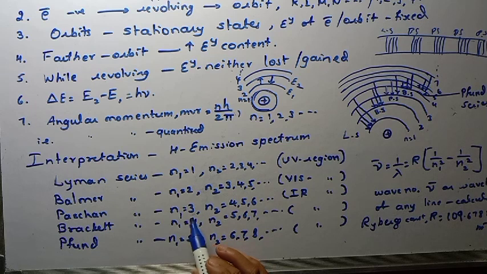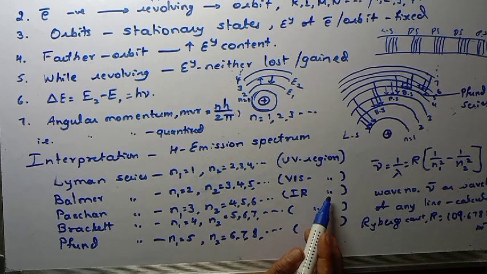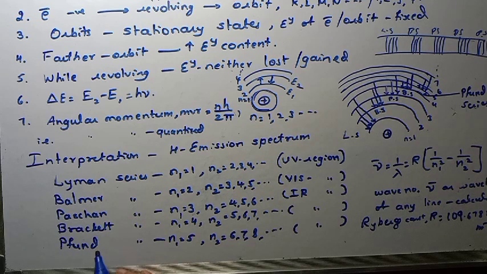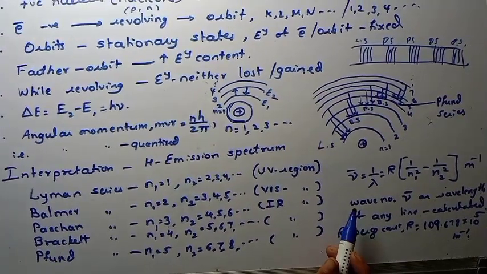Similarly, in the Paschen series, n1 is the third shell and n2 is any of the higher shells, 4, 5, 6, and so on, and the radiation falls in the IR region. Similarly, for the Brackett and Pfund series, n1 is the fourth shell and the fifth shell respectively, n2 is higher than this in each case, and both of them fall in the IR region.